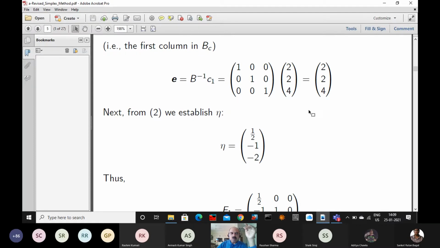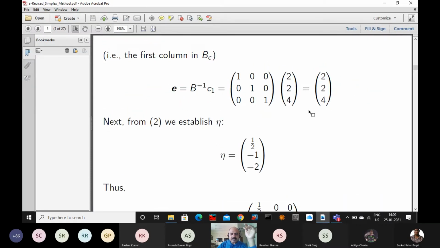So from the BC, we will compute E. The E is a column vector. So E equals B inverse into column C1. B inverse is nothing but an identity matrix presently.